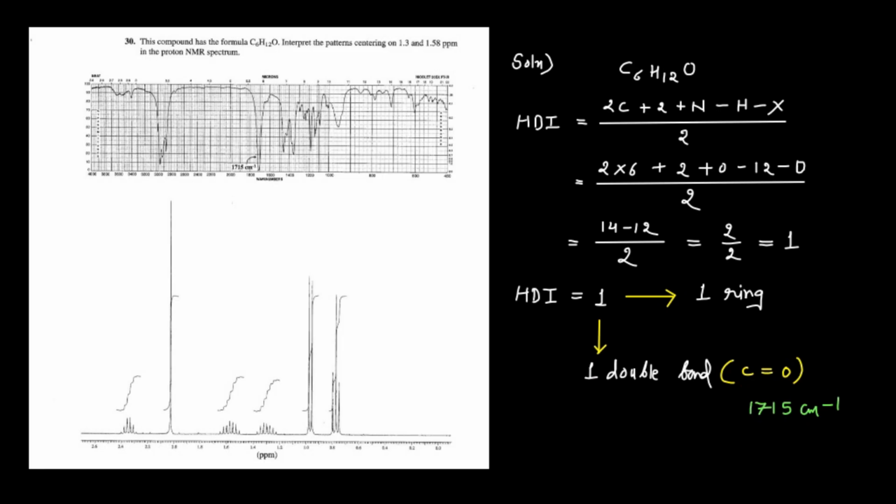And then if you quickly see your proton NMR spectrum, you have this particular singlet over there, and this singlet is resonating at somewhere around 2.0 ppm. Its integration is quite high. That means these are 3 protons, and these 3 protons are giving only one singlet.